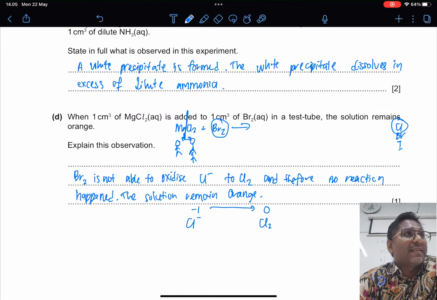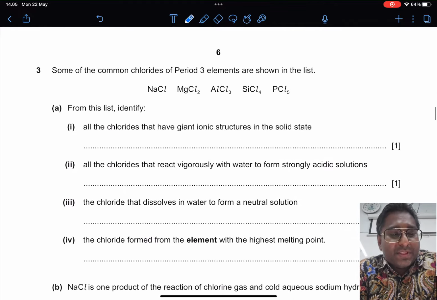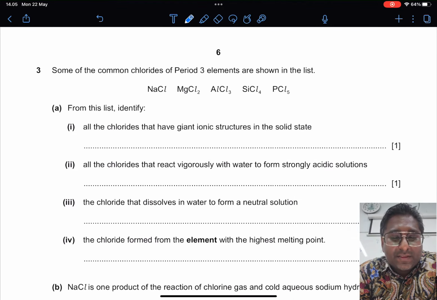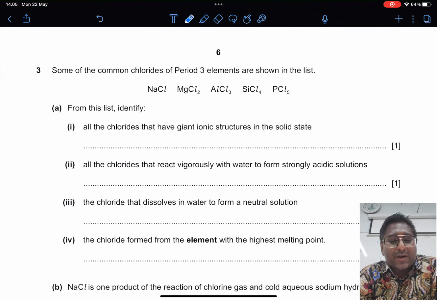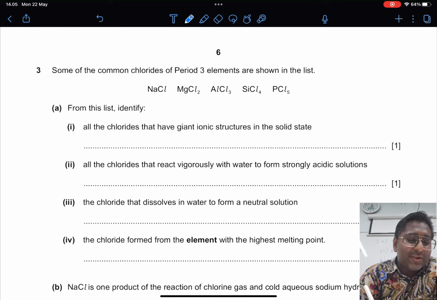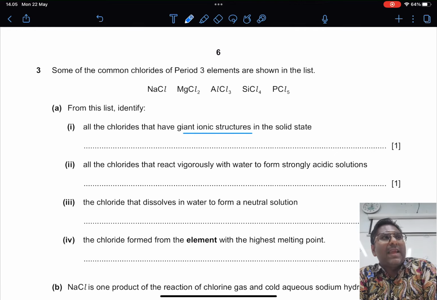Okay, 9 marks. So number 3. Some of the chlorides of period 3 elements are shown in the list. From this list, identify all the chlorides that have giant ionic structure. Giant ionic is going to be metal and non-metal.